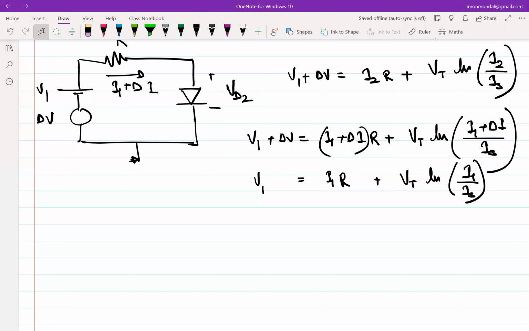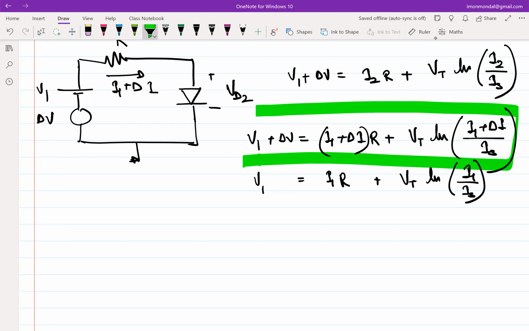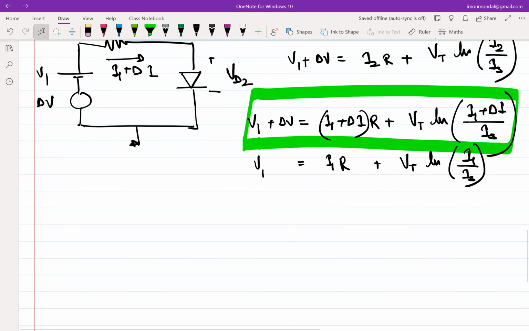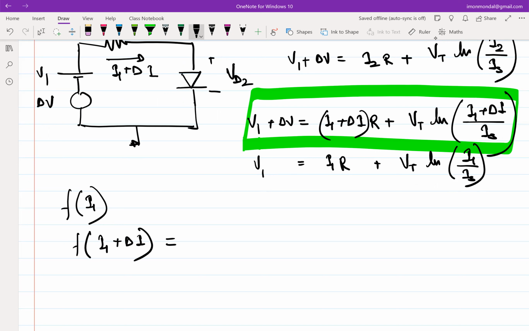So if you have a nonlinear function, now I am pointing to this equation. If I have a generic nonlinear function which is defined at, let's say, I1, and I want to find out what is f of I1 plus delta I, what should I do? Taylor series, right?